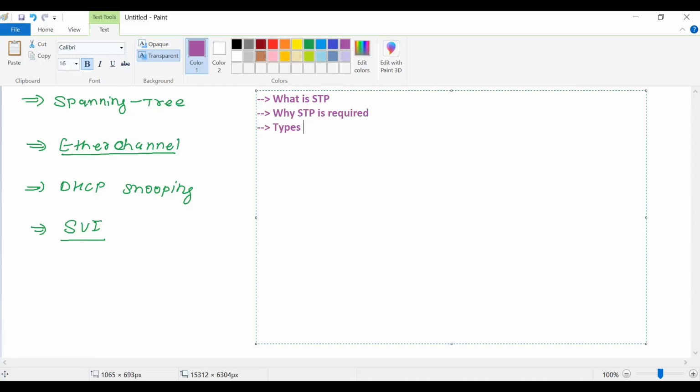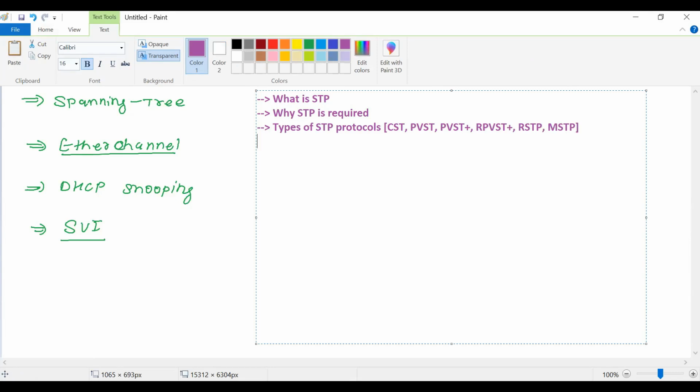Types of STP protocols like CST, PVST, PVST plus, RPVST plus, RSTP, and MSTP.